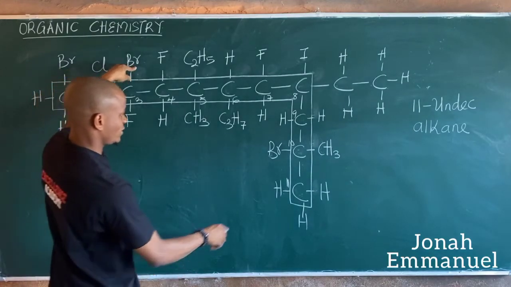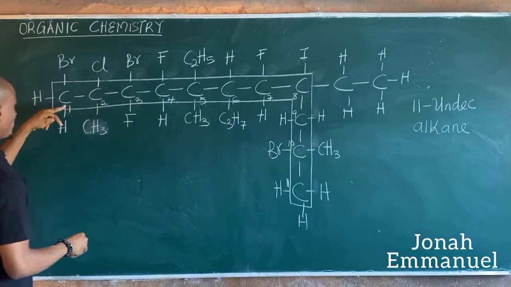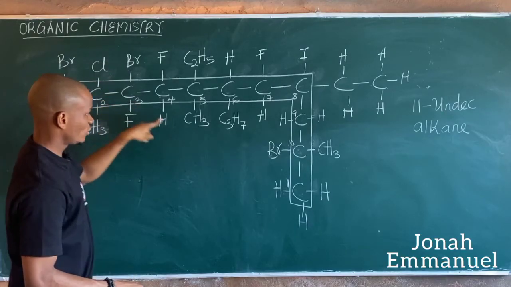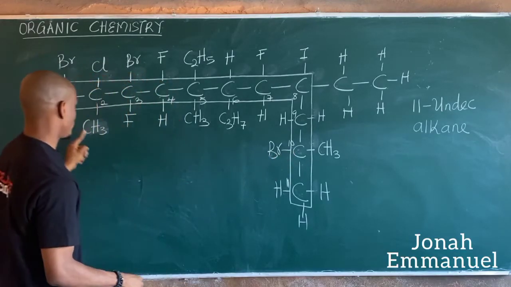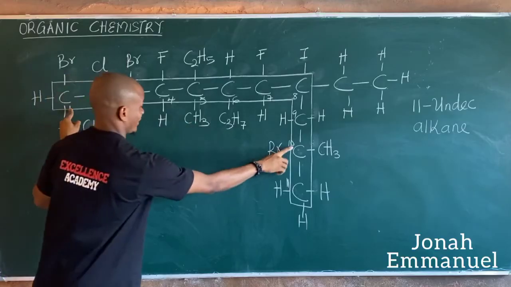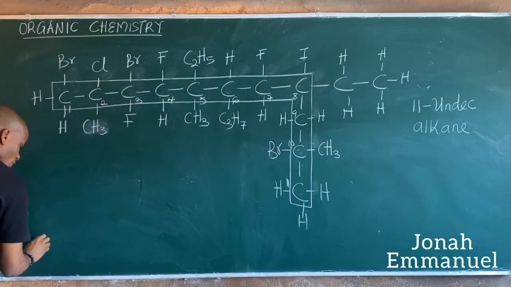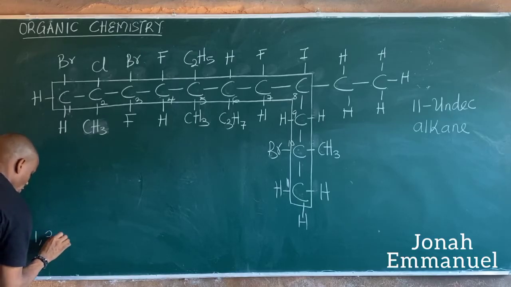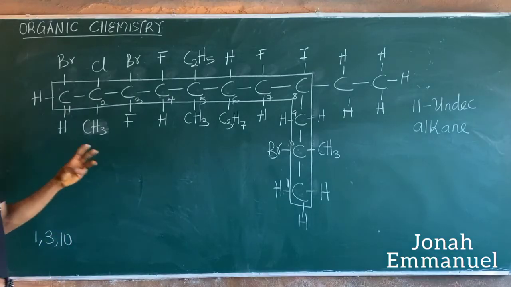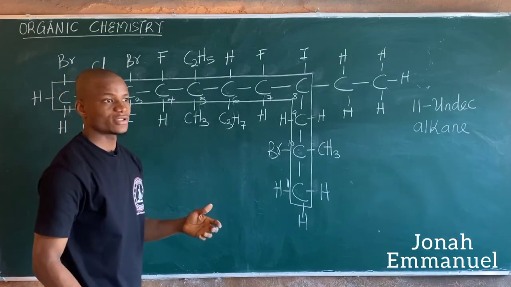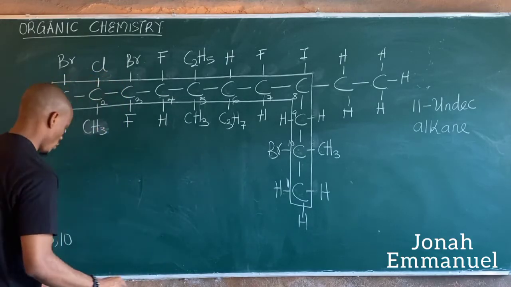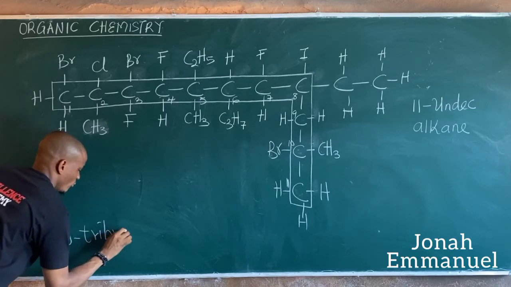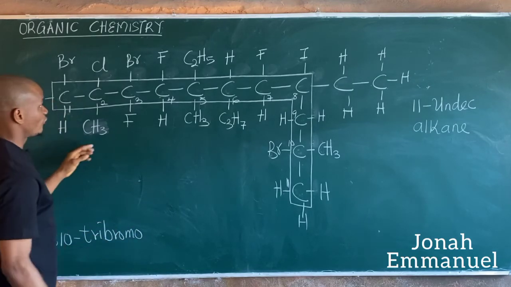This is bromine at carbon 1, bromine here at carbon 3, and the third bromine at carbon 10. So it becomes 1, 3, 10. I have 3 atoms of bromine, so it becomes 1, 3, 10 tribromo. I'm done with bromine.